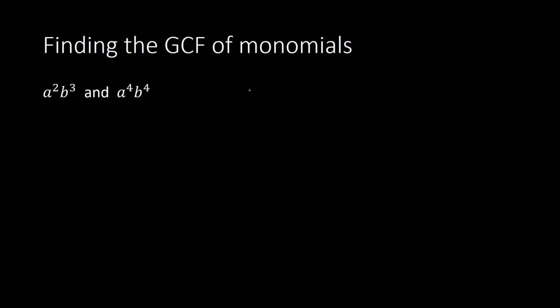A squared is the same thing as a times a. B to the 3rd is the same thing as b times b times b. Okay? And then the other one is a to the 4th, so we have 4 a's. And then we have b to the 4th, so we have 4 b's. Okay? And then from here, for the GCF, we see what factors they have in common. Well, they both have 2 a's in common, and then they both have 3 b's in common.